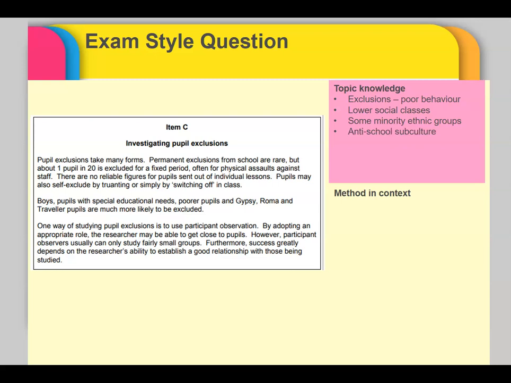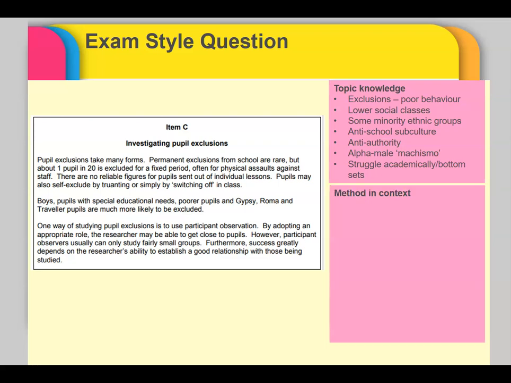There tends to be an anti-school subculture associated with poor discipline, poor behaviour, pupils that are anti-authority. There is also a degree of alpha male machismo, which can tie in with the boys in the extract. And a lot of these pupils tend to struggle academically in the bottom sets, or they may have been put into the bottom sets because of their behaviour, and they may find that frustrating. So that's something that we know about the topic from our knowledge.